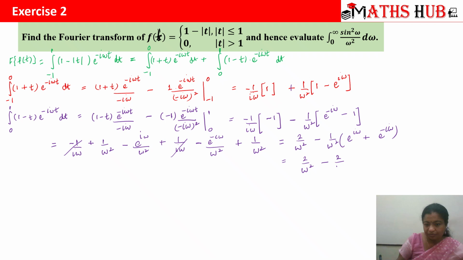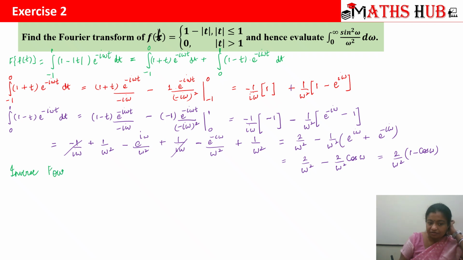So we will get 2 by omega square cos of omega. So I can take out omega square common. I'll get 1 minus cos omega. So this is my answer to the Fourier transform. Right? Now we need to evaluate that integral. So let us apply the inverse Fourier transform.